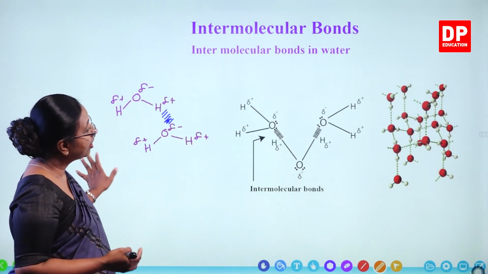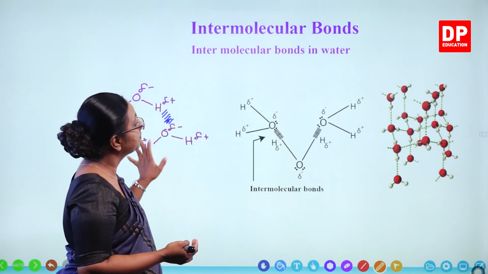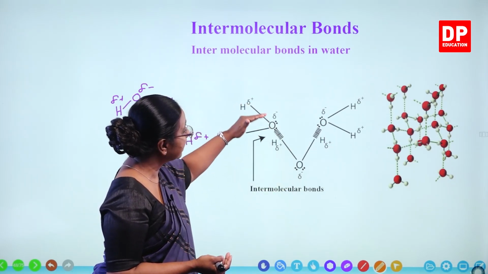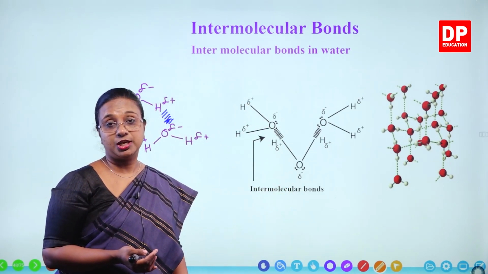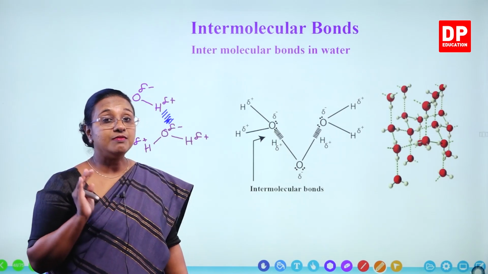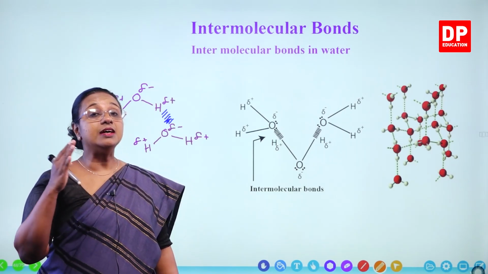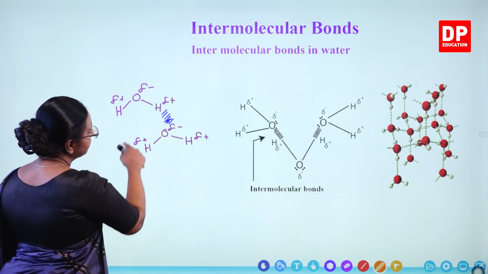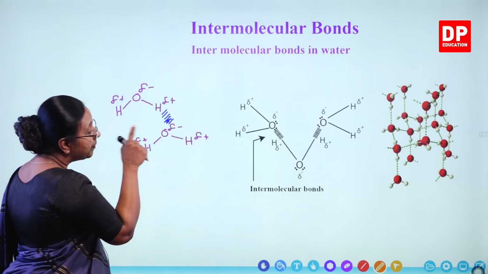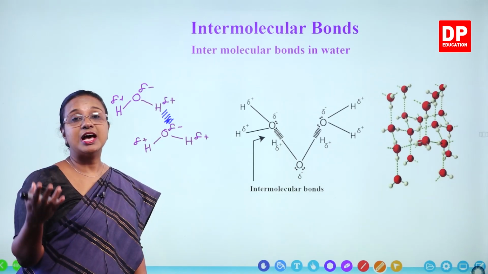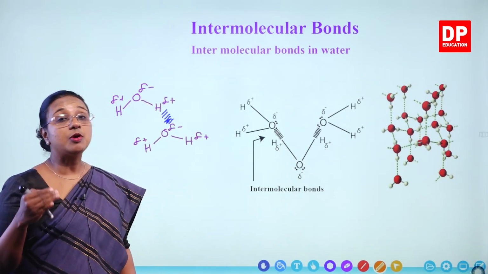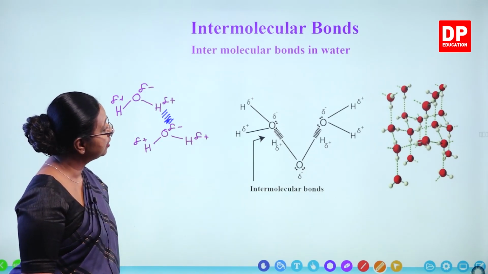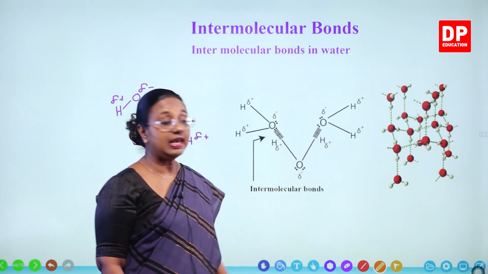Like that, all the water molecules arrange themselves so that there is interaction between molecules. That is why we call them intermolecular bonds. This is one water molecule, this is another water molecule, and between the water molecules there is a bond. Intermolecular bonds in water.